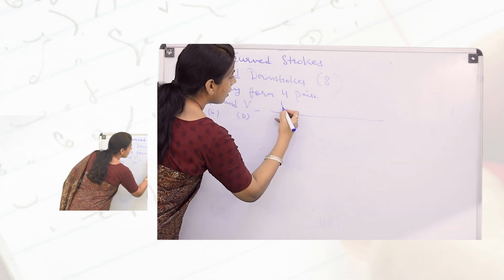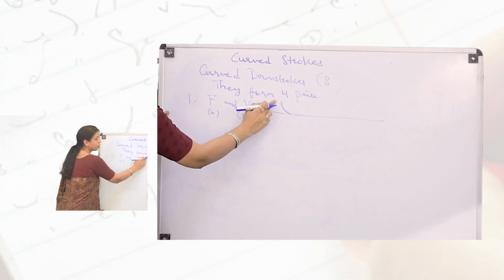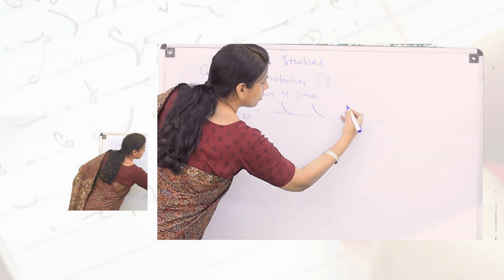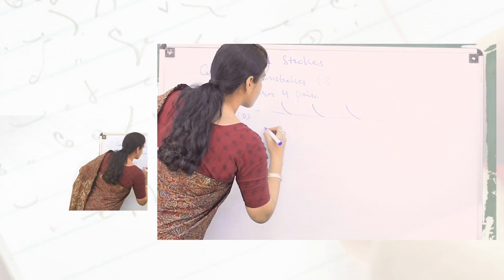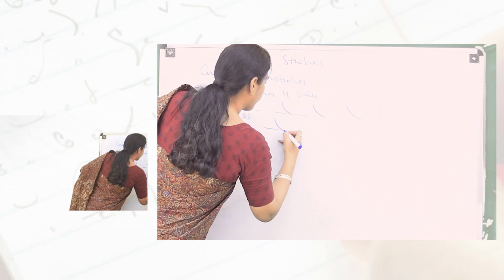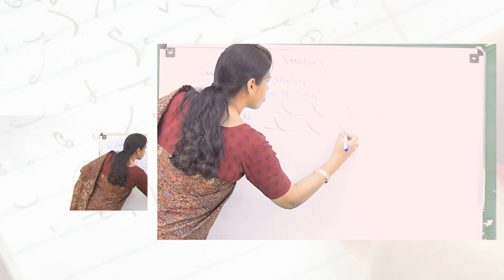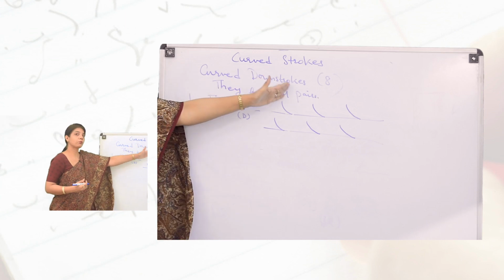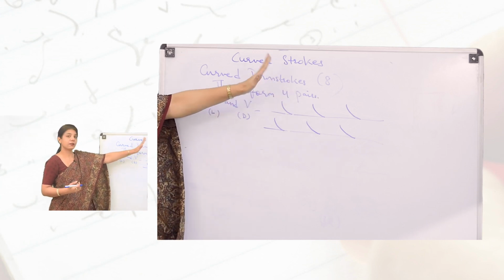So a curve from top to bottom, left to right is the formation for F stroke. A curve from left to right. Anyhow, it has to be from top to bottom because it is called a downstroke.